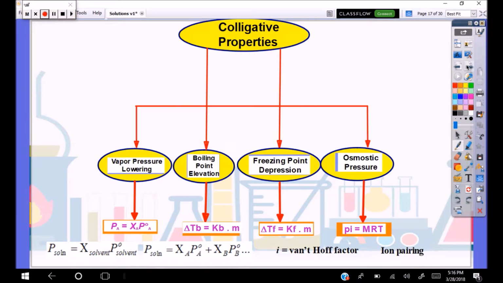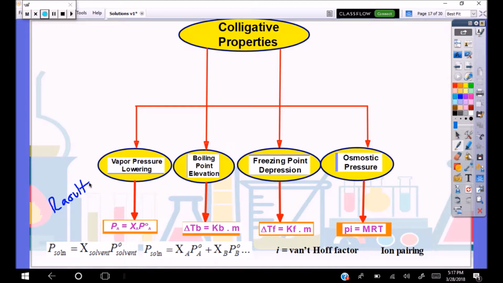So, colligative properties. When we're talking vapor pressure lowering, this is Raoult's law, R-A-O-U-L-T. The pressure of your solution is equal to the mole fraction of the solvent times the vapor pressure of the solvent.